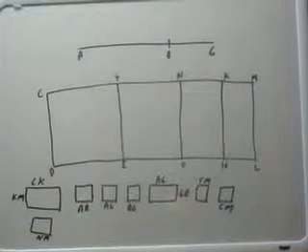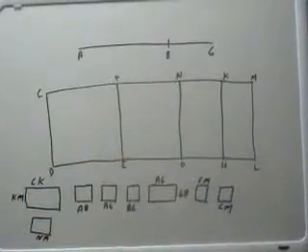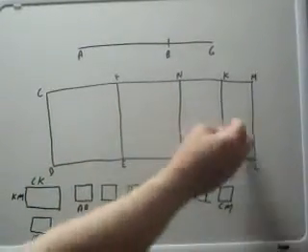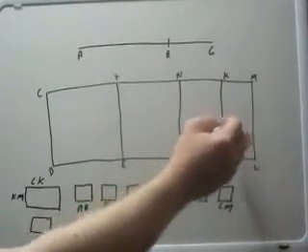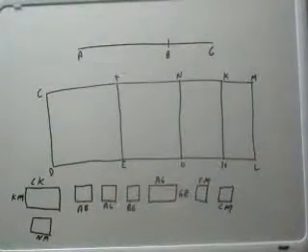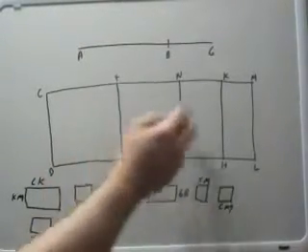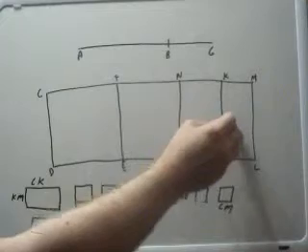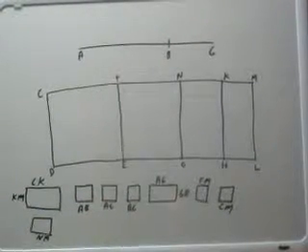Therefore, as CH is to NL, as CH, which is this, this, and this, is to NL, which is this and this, so is NL to KL. So as this and this is to just this by itself. But as CH is to NL, as this, this, and this is to this and this, so is CK to NM.